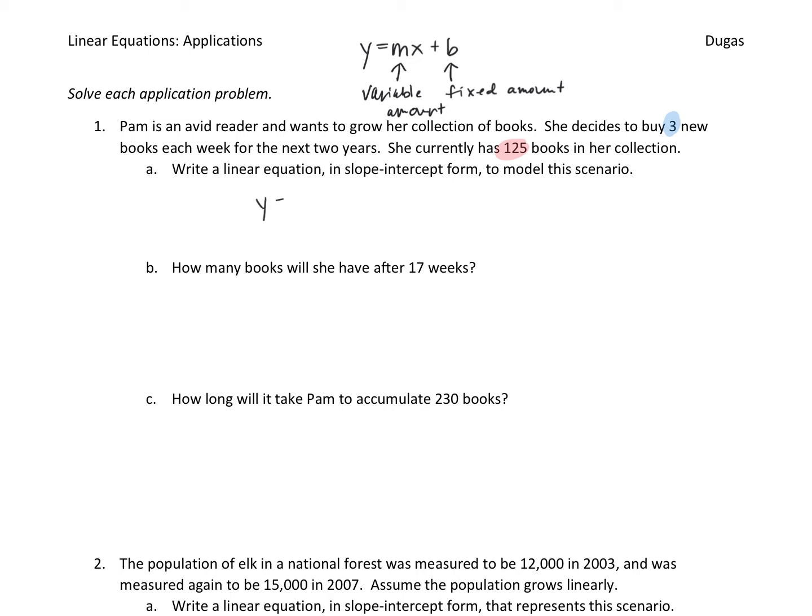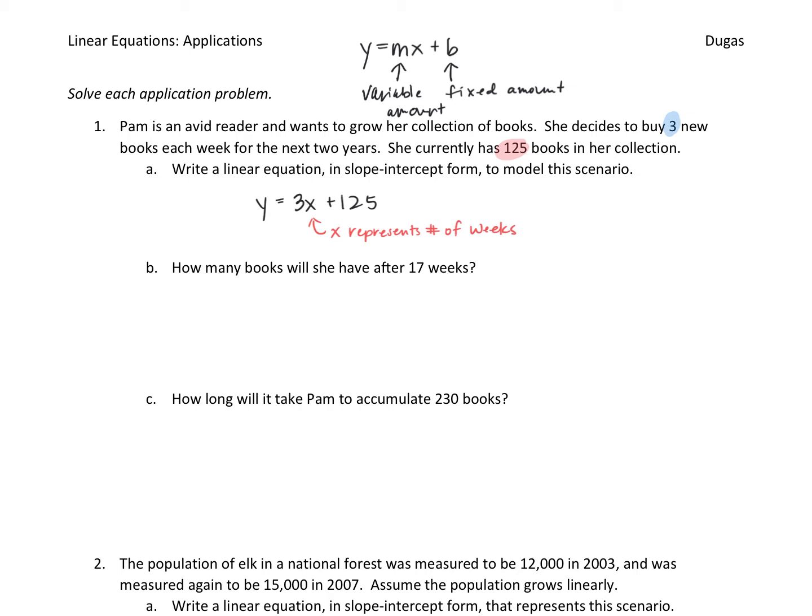So y equals 3x plus 125. So let's think about what that means. We knew the 125 is the amount that she started with. 3 is the amount of new books each week. It's 3 books per week. So with that being said, that means x represents the number of weeks that have passed because it's 3 books per week, right?